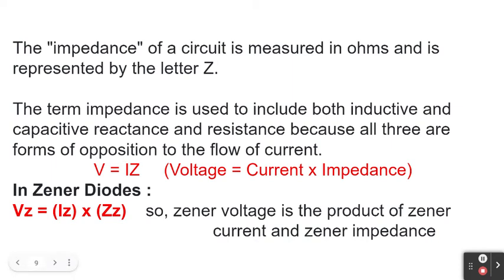I will assume that you already know what is a reactance, capacitive reactance, and resistance here because our topic now will be focused on the impedance of the Zener diode.